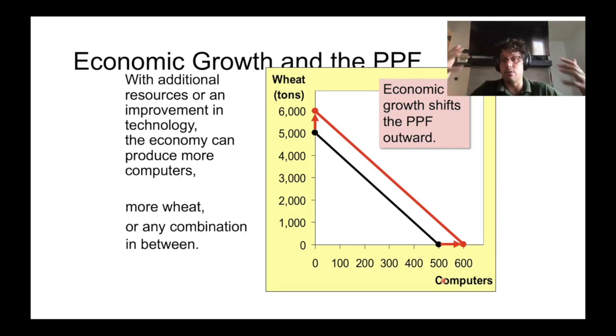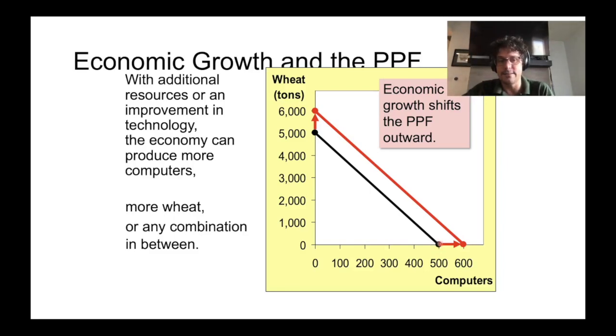You can think about economic growth as shifting this line not in a parallel way. Say there is some technological knowledge that makes agriculture more productive, but there is no technological improvement in the computer sector.